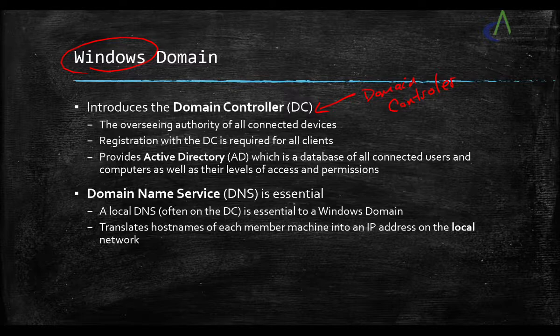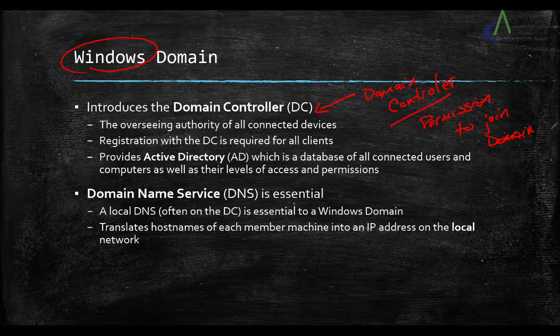So as a user, I will be allowed to see this folder, but not that one. I'll be allowed to share that resource, but not the other one. Right? That's what domain controllers do. They provide access and permission, grant permission to join the domain. Right? They are the authority, okay?